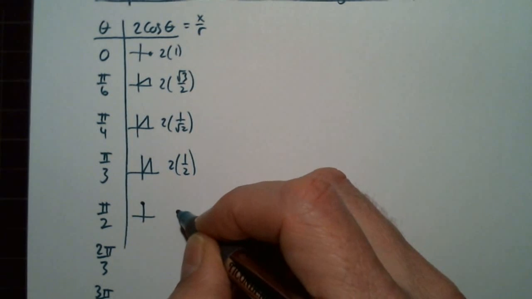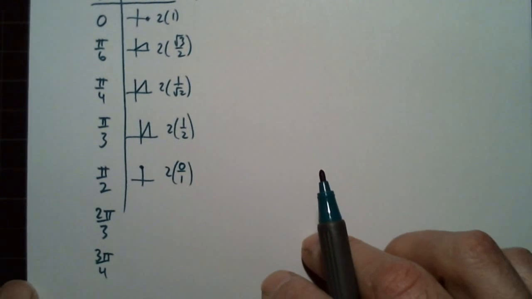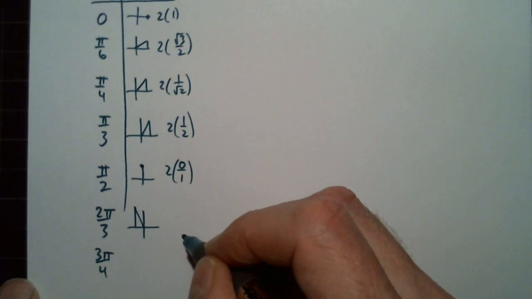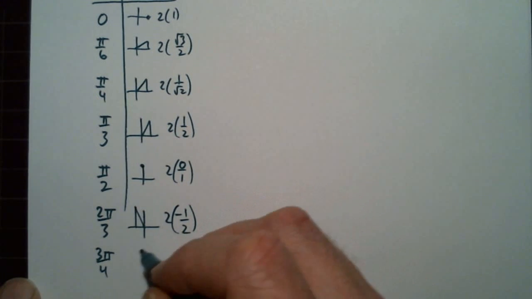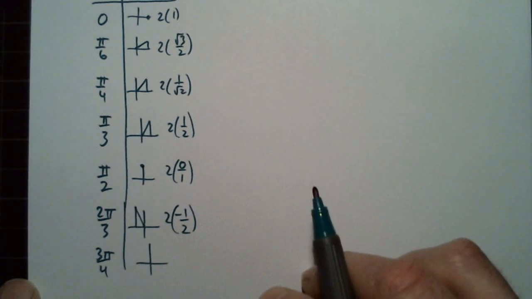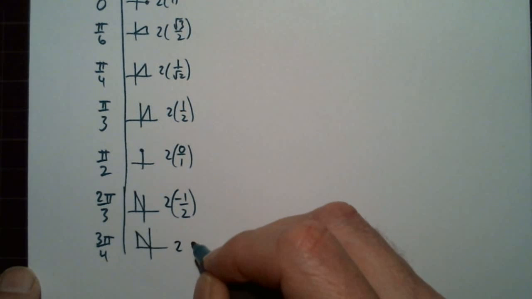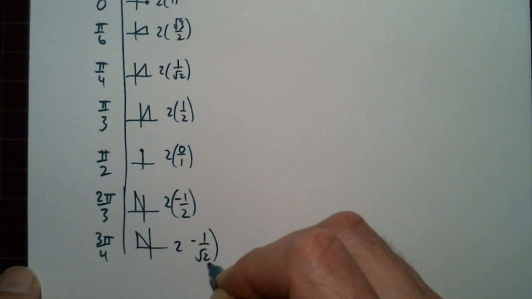At pi over 2, the x value is 0, r is 1, and at 2 pi over 3, the x value is negative 1, r is 2, and at 3 pi over 4, we have negative 1 over radical 2.